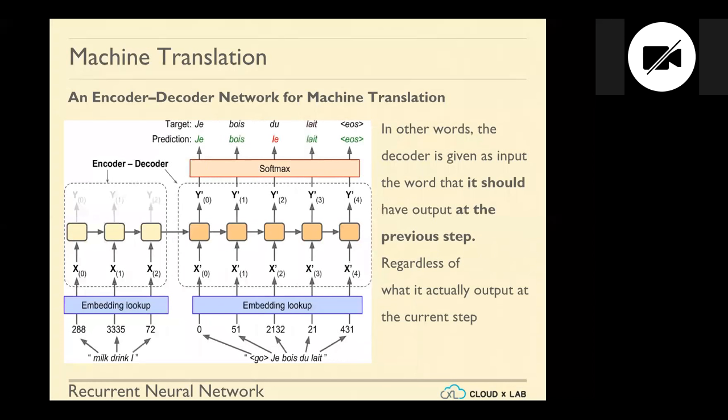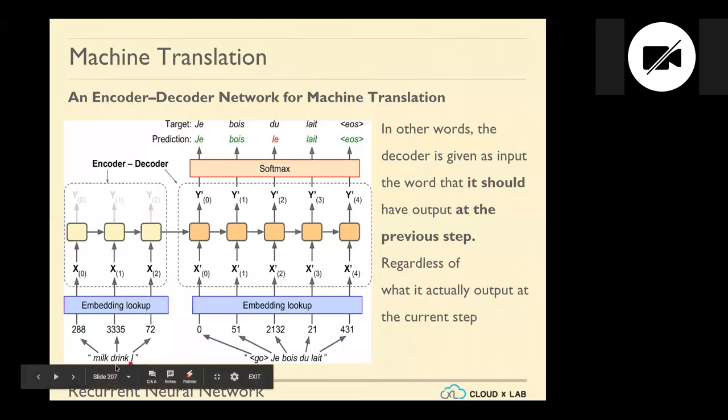So in other words, the decoder is given as input the word that it should have output at the previous step, regardless of what it actually outputs at the current step. Whatever it should have taken in the previous step, we are giving it now. So the next step is what is generated by this.